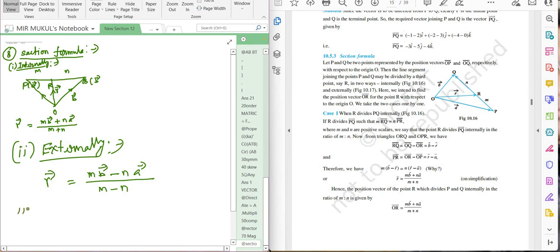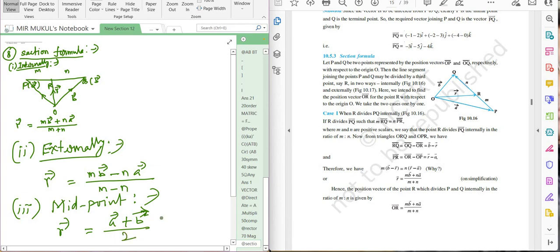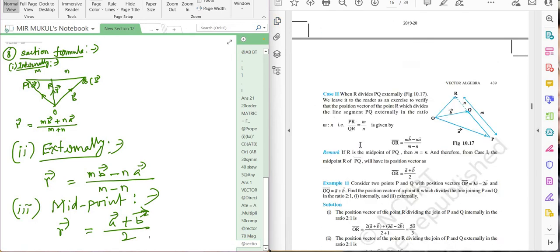And if it is the midpoint, then R equals (vector A plus vector B) divided by 2. So this was the section formula.